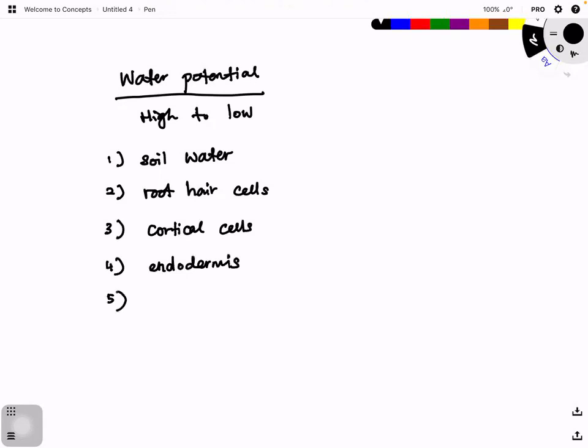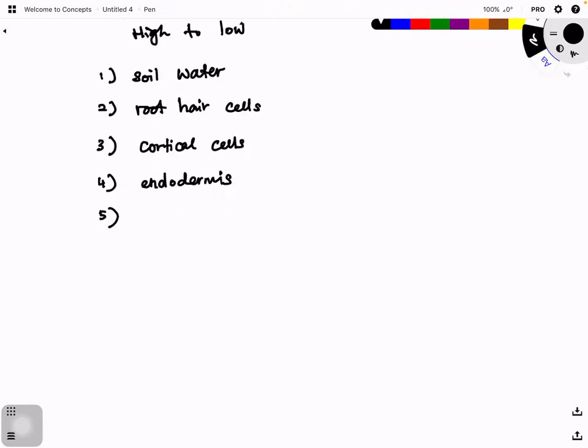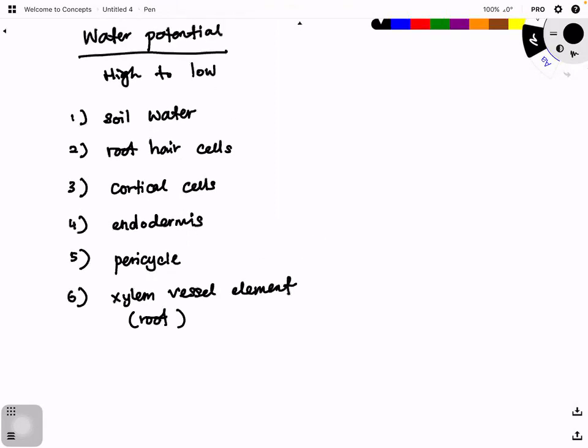Number 5, pericycle. And number 6, xylem vessel element at the roots. So soil water will have the highest water potential, and xylem vessel elements have the lowest water potential among these 6 structures. So again, you can see that the entire process is down the water potential gradient.